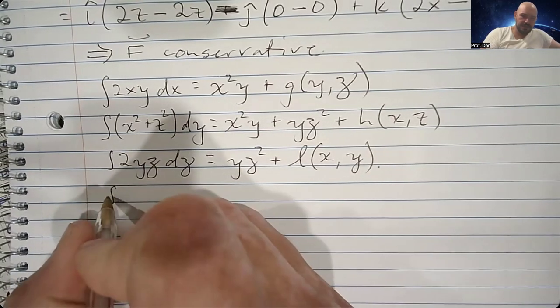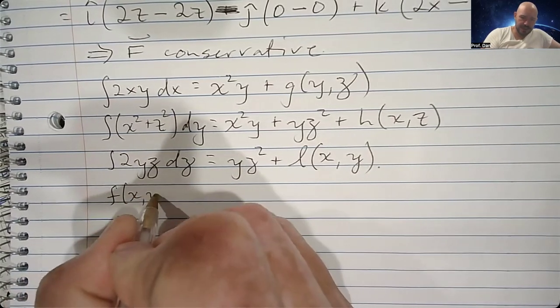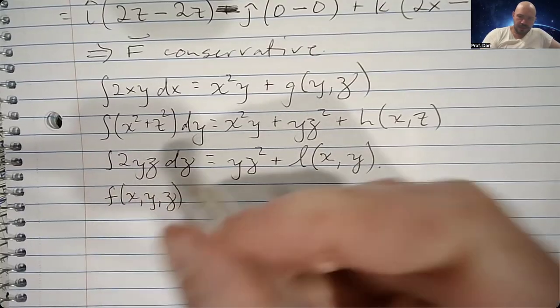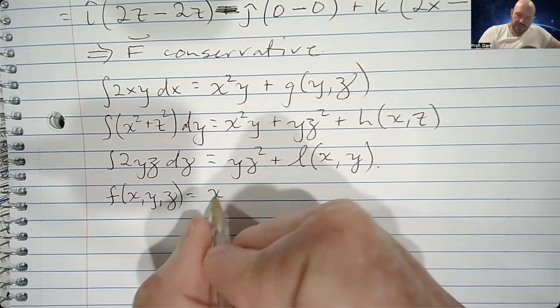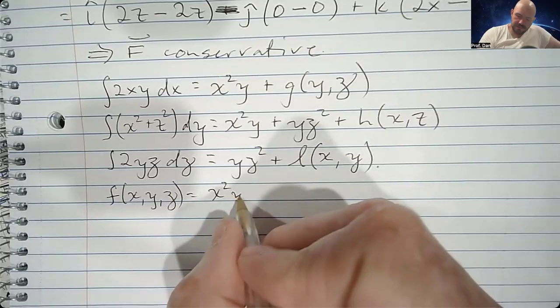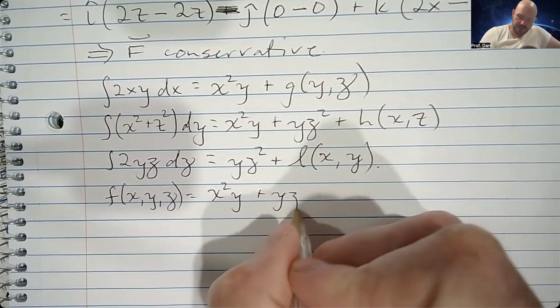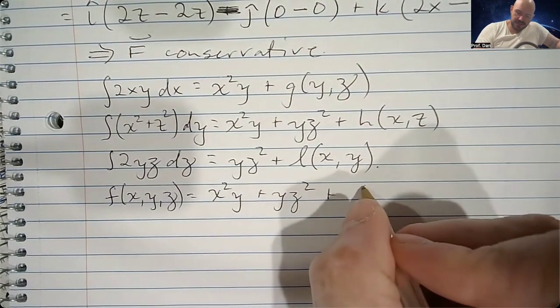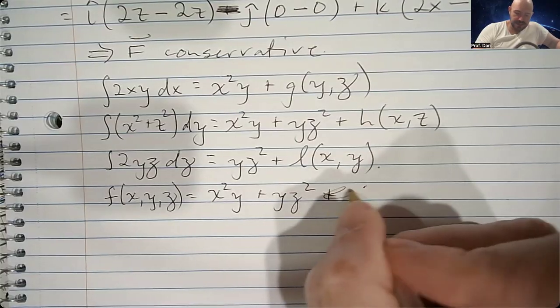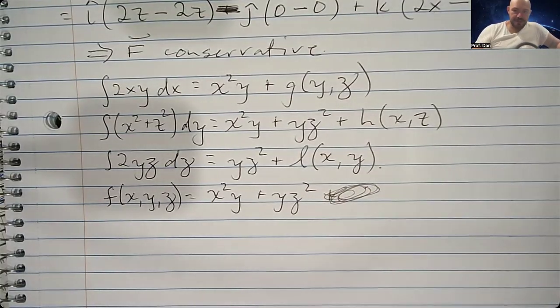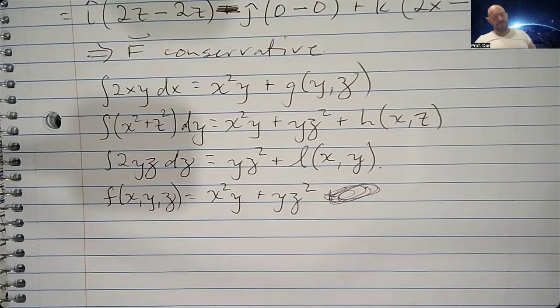So I know that my potential function in terms of x, y, and z is going to be x squared y plus yz squared plus a constant c that I don't need to write, because remember, we're going to use the fundamental theorem. So the constant is going to subtract out anyway.